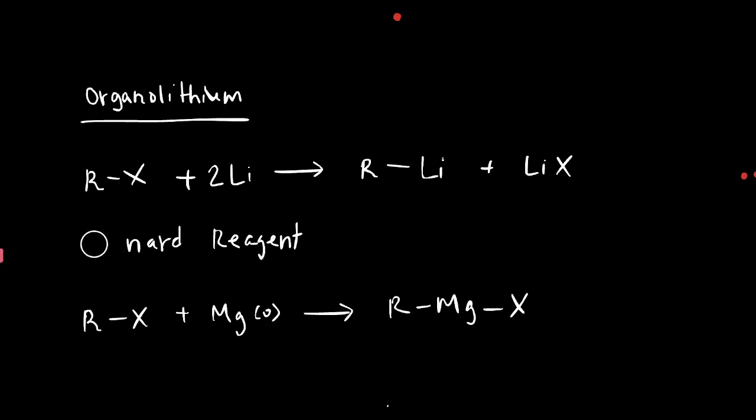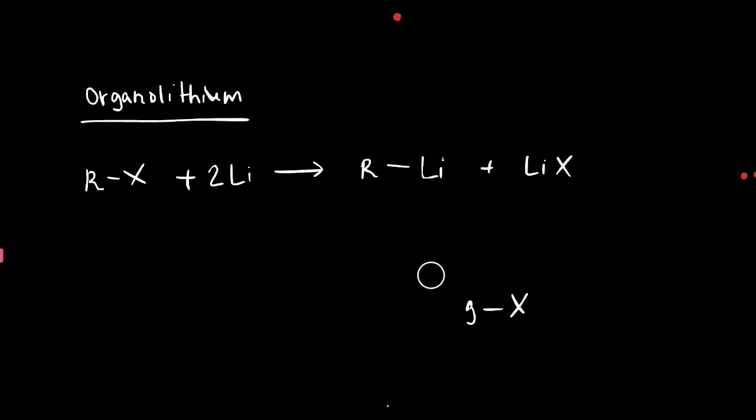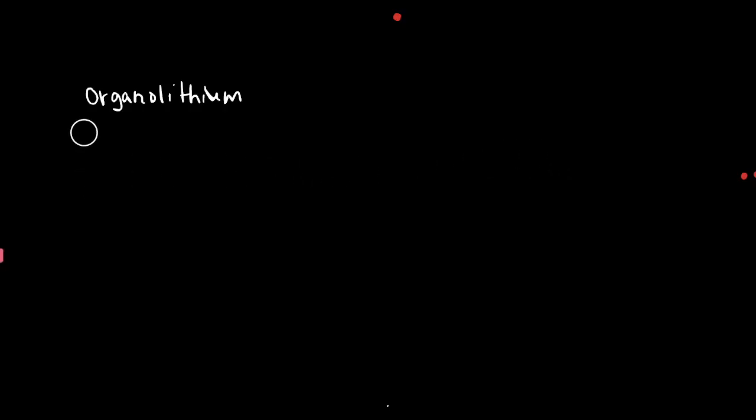So what is it about these organometallics again that makes them great for carbonyl addition? Like I said, it comes down to that C-metal bond and the way that it is polarized. So generically looking at what we have in an organometallic, we're going to have this R bonded to some metal.